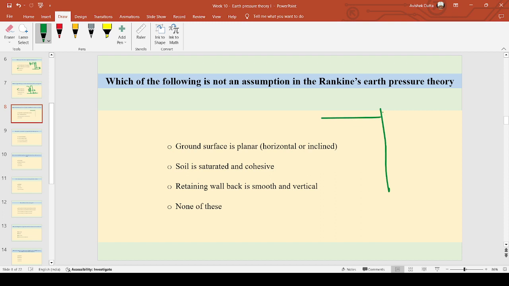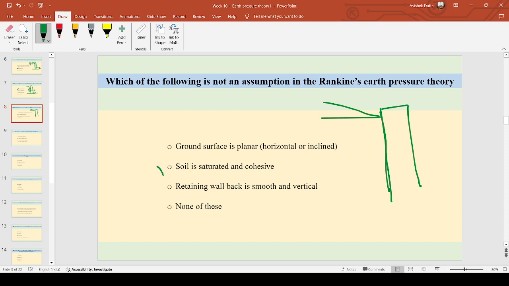This is the backfill, and the ground surface is a plane, either horizontal or inclined, but a plane surface, not rough. The retaining wall back is smooth and vertical, with no roughness. Only this option is wrong, because the soil should be dry and cohesionless.